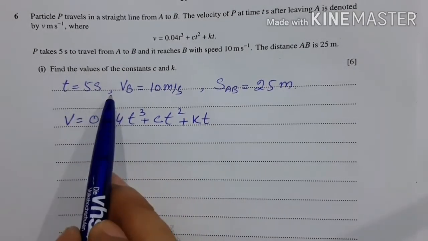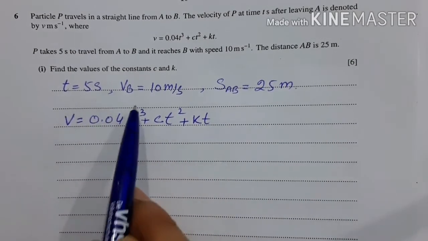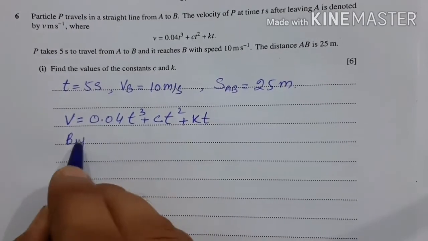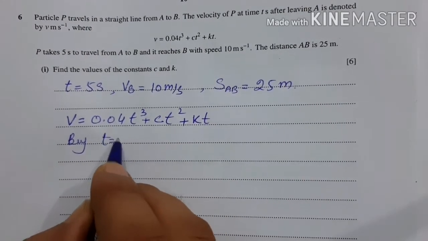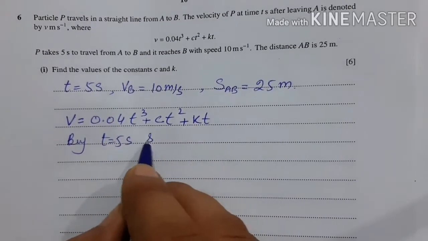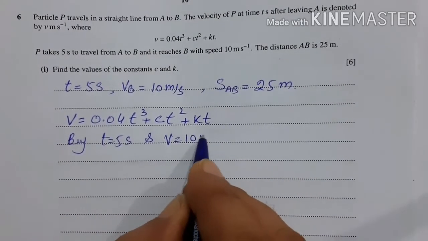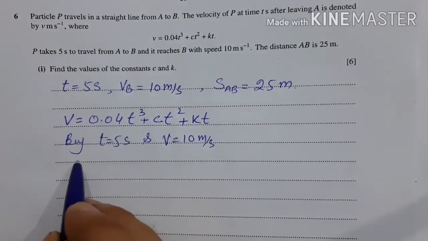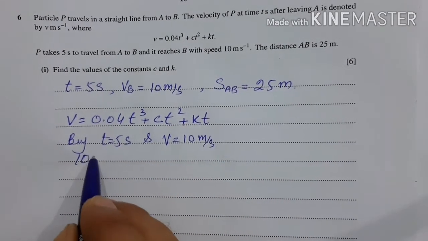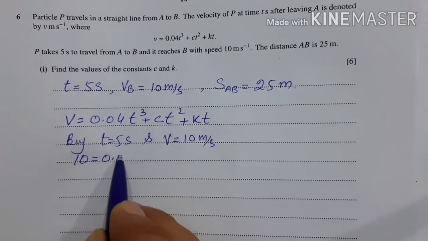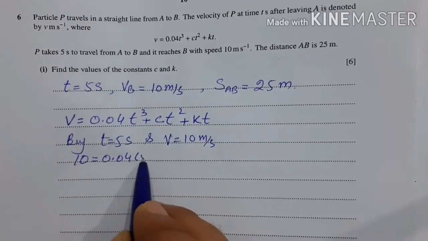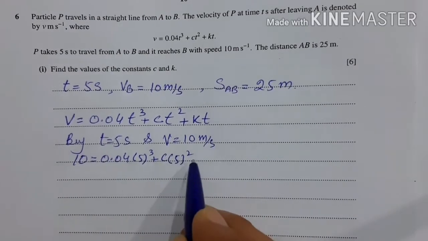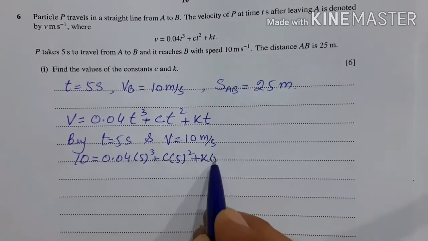By putting the values t is equal to 5 and v is equal to 10 meters per second, this will become 10 is equal to 0.04 into 5 cube plus c into 5 square plus k into 5.